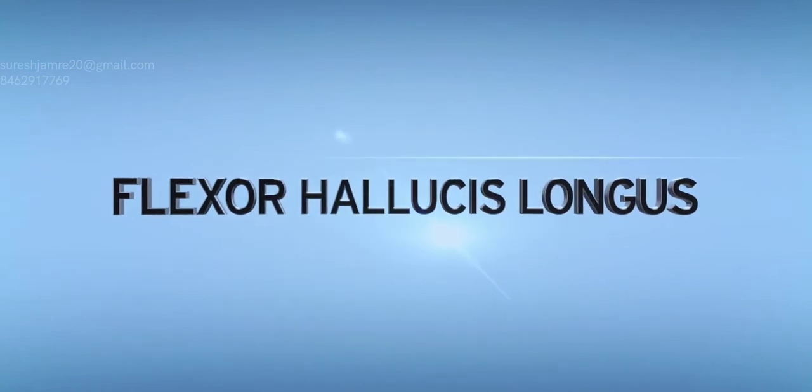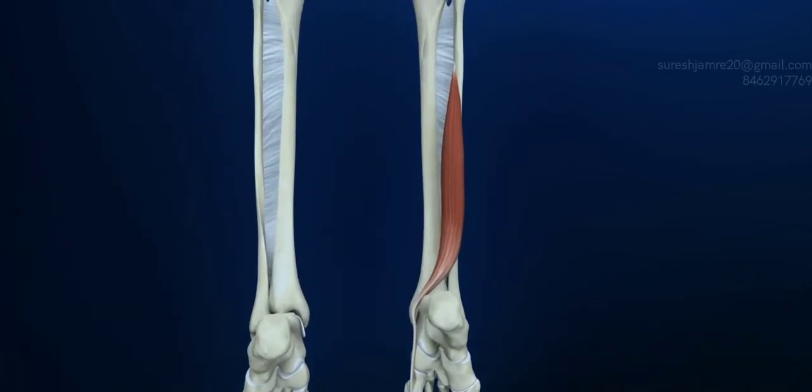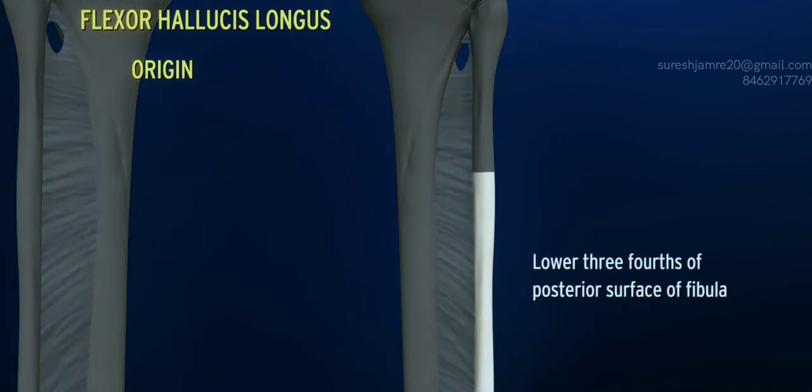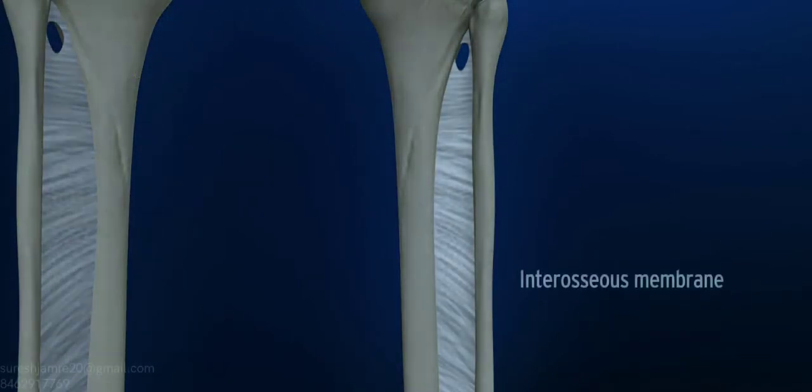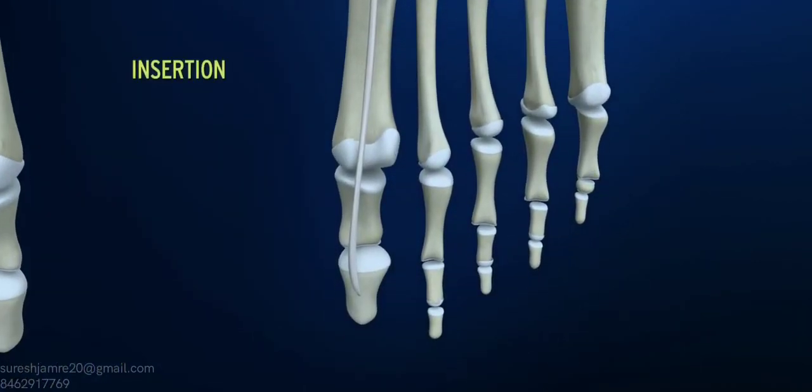Flexor hallucis longus. Origin. It arises from the lower 3/4 of posterior surface of fibula and adjacent interosseous membrane. Insertion.